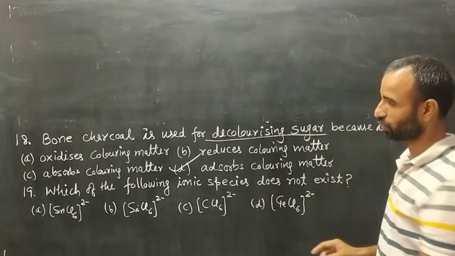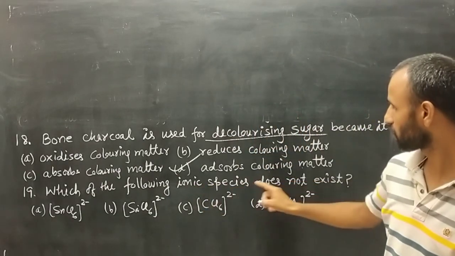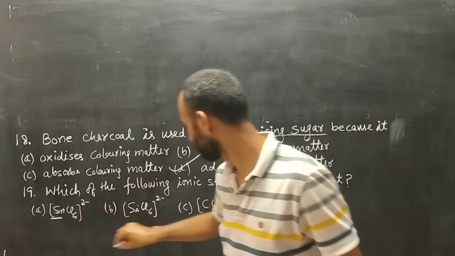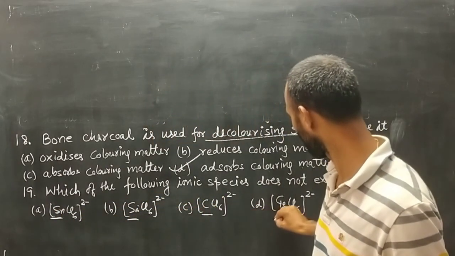Now next one, which of the following ionic species does not exist? So see, tin, silicon, carbon and germanium.